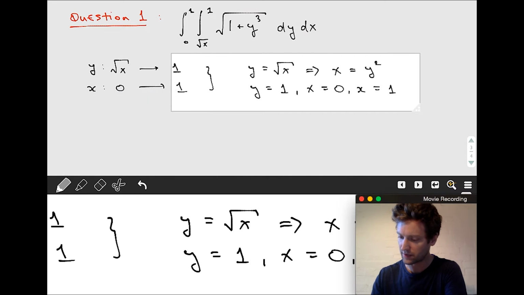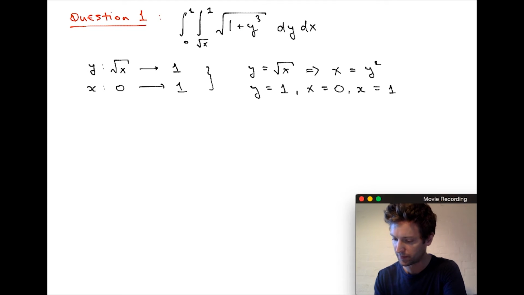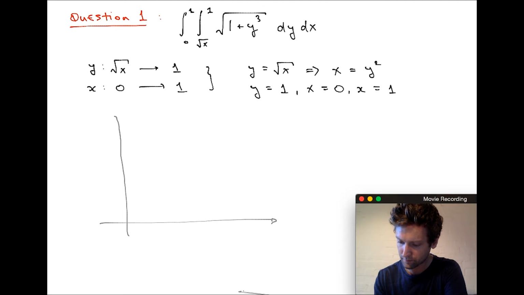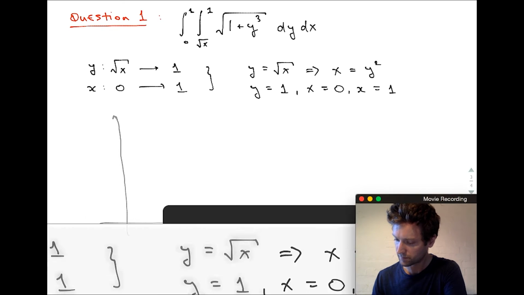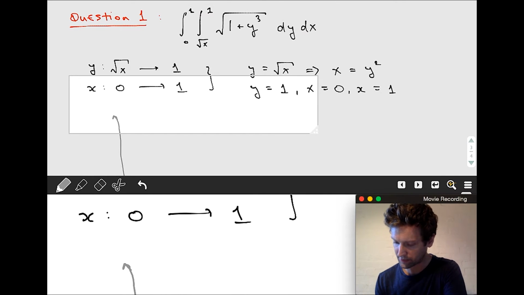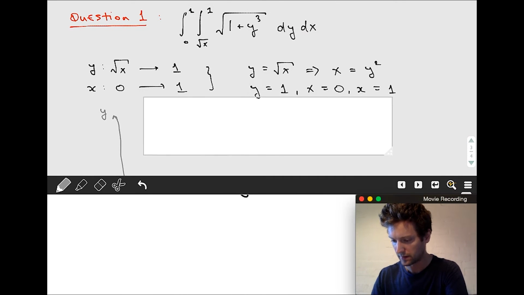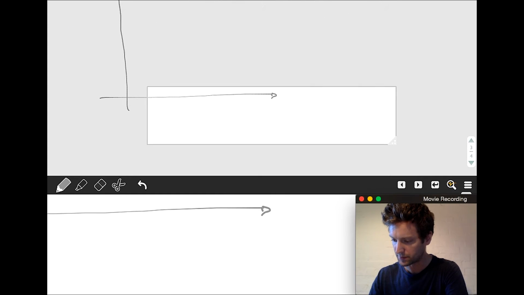So let's sketch that on the xy axis. Here's my y-axis, and here's my x-axis.